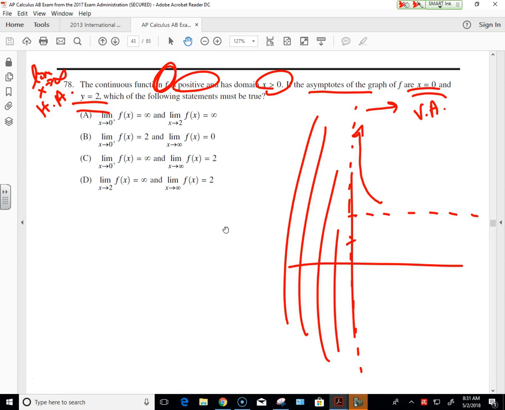Because if I were to go down, I would have negative values. The only way to skim an asymptote from above and not go below is to go up. So the limit as x approaches 0 from above must be positive infinity because it can't go negative.